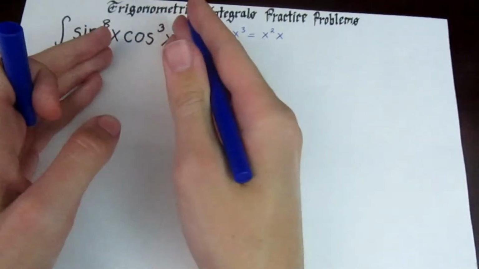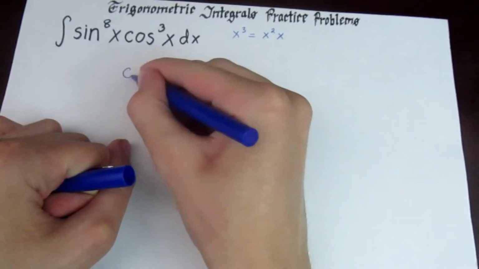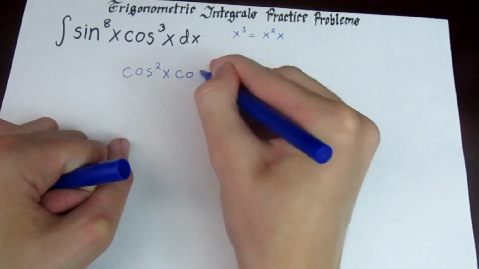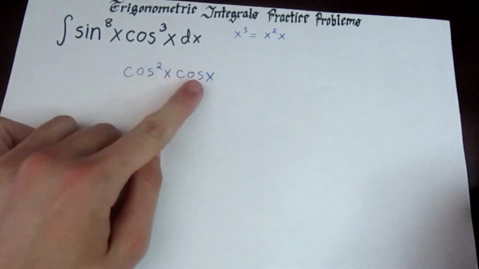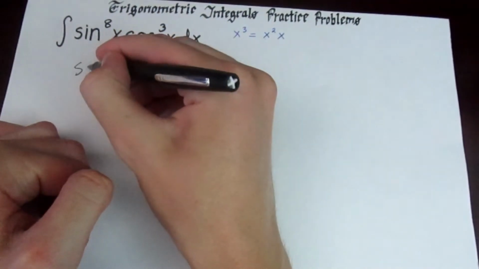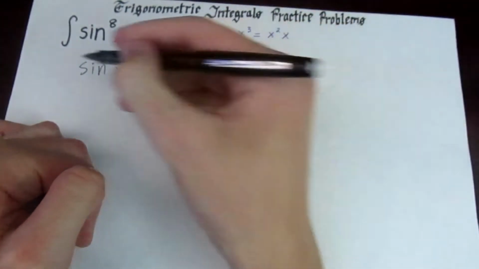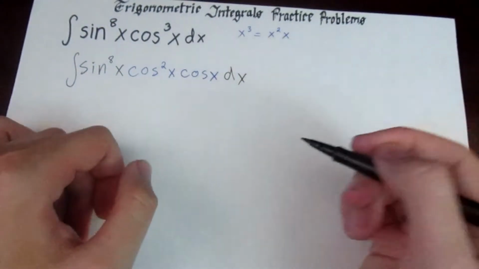So let's break cosine cubed x up into cosine squared x times cosine of x. It means the same thing. 2 plus 1 is 3. And don't forget the sine to the 8th power x, the integral of, and dx.